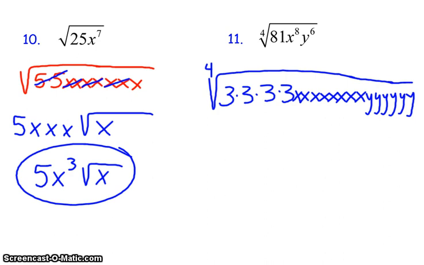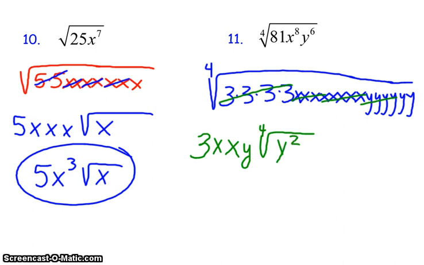Now again, since it's a 4th root, it'll take 4 to factor out. So I have a 3. I have 1 x. I have a second x. I have 1 y. And then I have the 4th root of y squared. Now simplifying this, I would end up with 3x squared y.